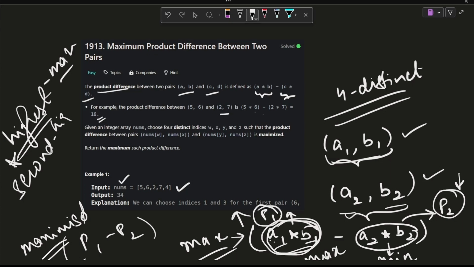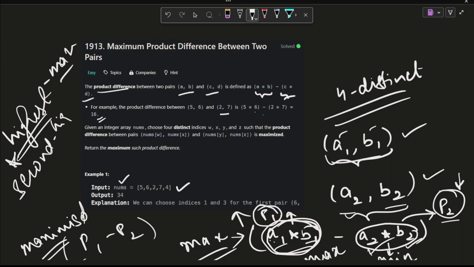We will take the highest element from this array and the second highest from this array, and put them in the first pair as a1 and b1. Similarly, to make the product p2 as minimum as possible, we will take a2 and b2 as minimum as possible.